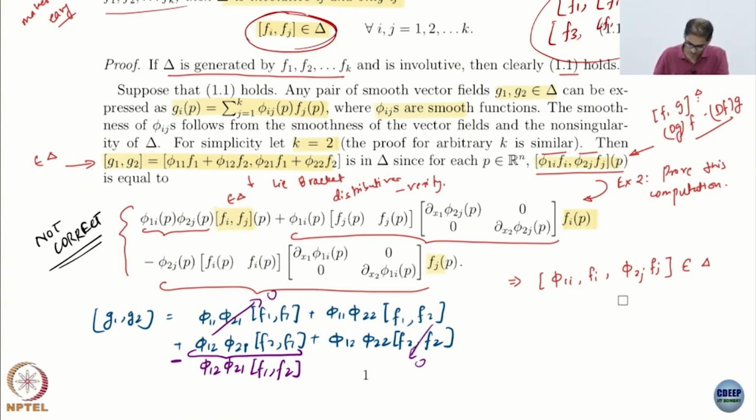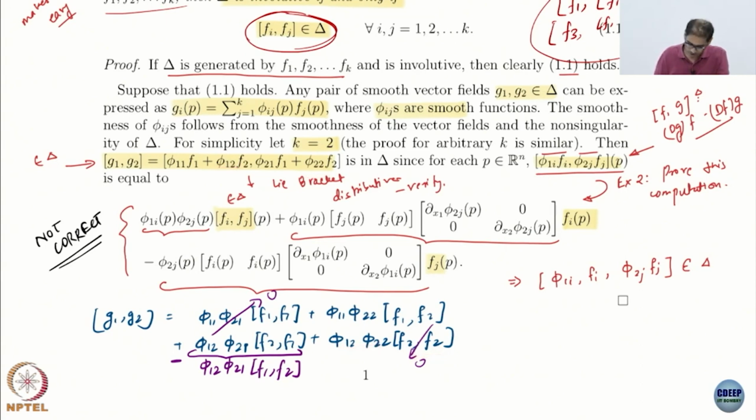So from the Lie bracket of g1, g2 I will get phi 11 phi 21 [f1, f1] first term. Then I will get phi 11 phi 22 [f1, f2] second, phi 12 phi 21 [f2, f1], and phi 12 phi 22 [f2, f2].